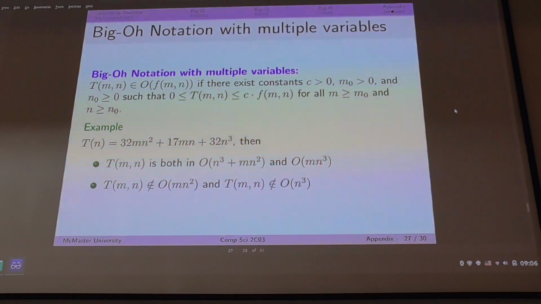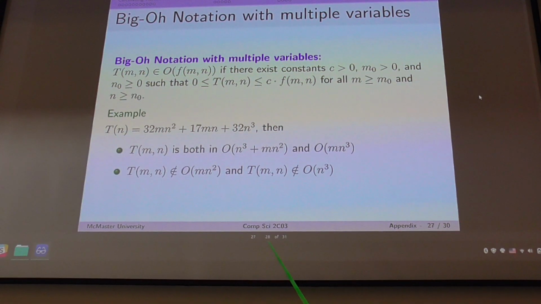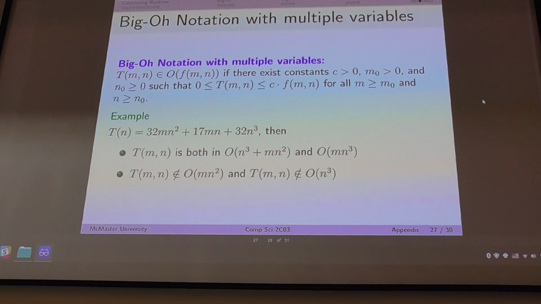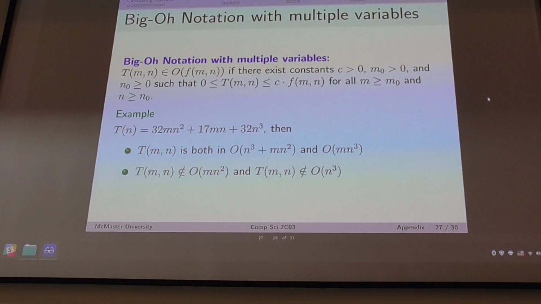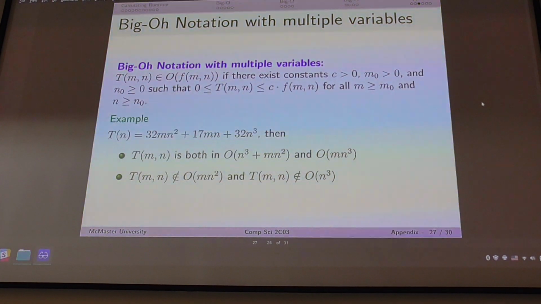So, it's not in mn squared, and it's also not in n cubed. You have to combine the approaches, right? You have to combine the polynomials. Any questions about that?